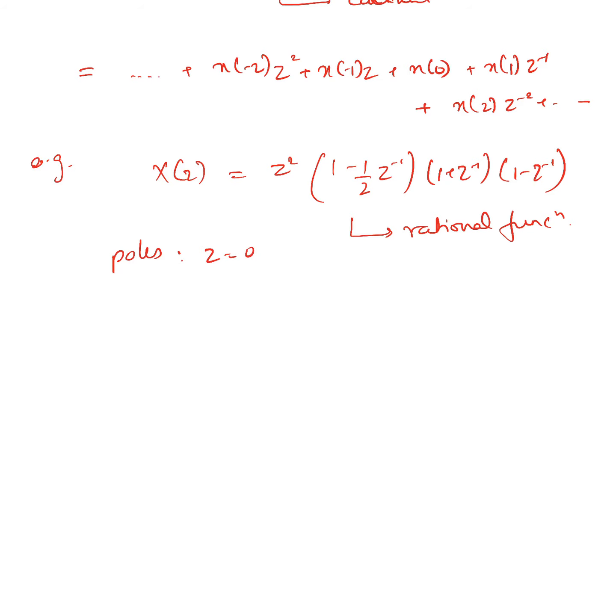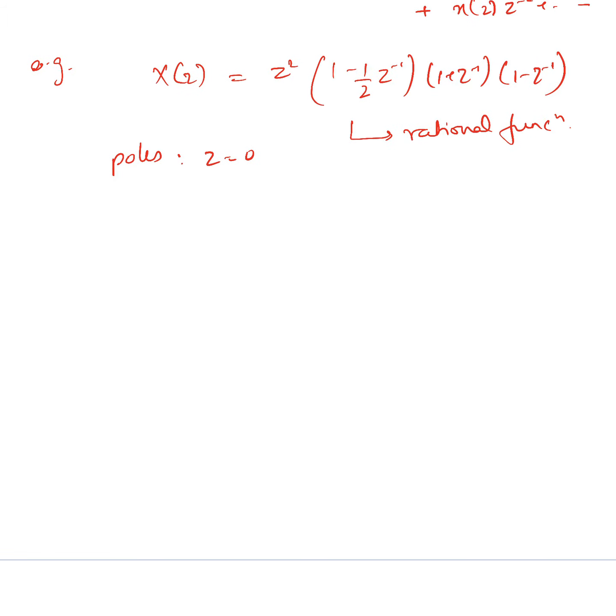In such cases, we can use the power series expansion method, where if I simplify this above expression, I would get z squared minus 1 by 2z minus 1 plus 1 by 2 z to the power of minus 1, right?